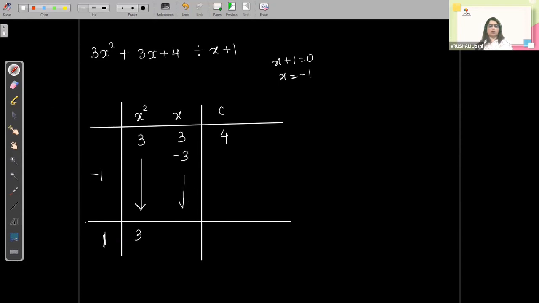So this will be 0. So now 2 minus 1, you can directly write your x. Correct? So I think probably you got it now, correct? So the quotient will be 3x and your remainder will be 4.